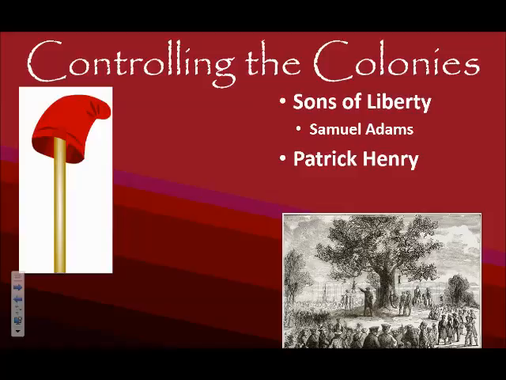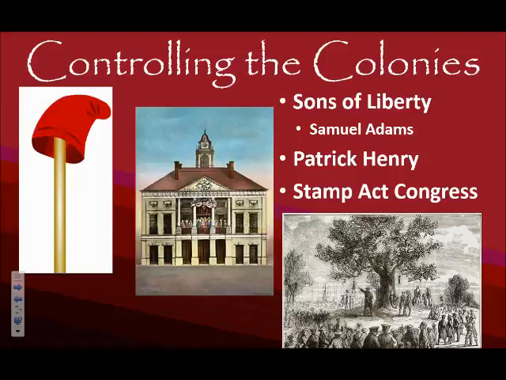And while the Stamp Act still has not been enacted, it is still months away, the colonists are so upset that they act. So they are going to meet at the Stamp Act Congress. Massachusetts suggests that there be a meeting of all of the different colonies to discuss this issue of Parliament creating laws versus the local colonial assemblies creating laws.